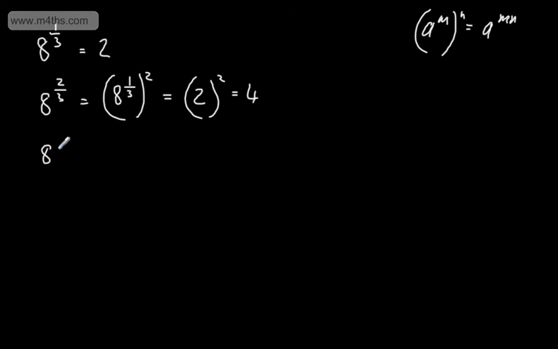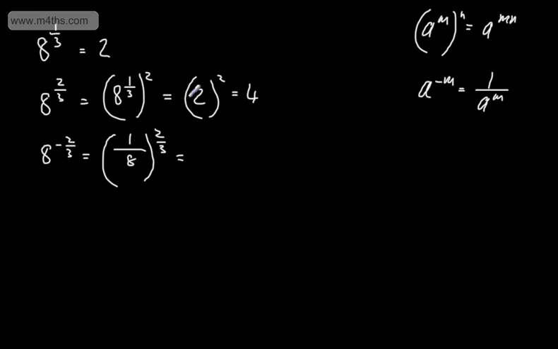Let's now have a look at 8 to the power of -2/3. So if we now consider the rule, a to the power of minus m is equal to 1 over a to the power of m, we could write this now as 1 over 8 to the power of 2/3. So if we have now a negative power, we can write the reciprocal to the positive power.